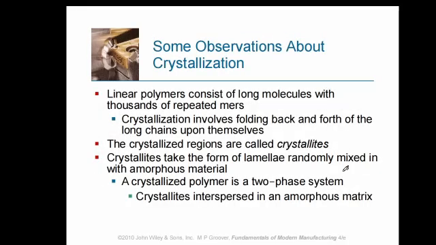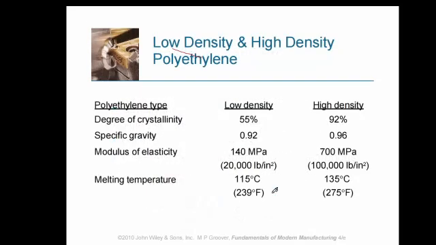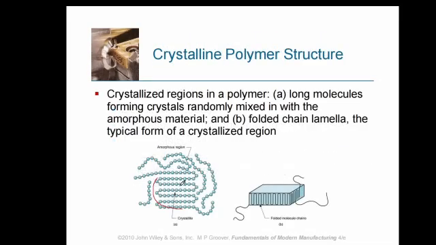Okay, and linear polymers consist of long molecules with thousands of repeated monomers, and crystallization involves folding these chains back and forth upon themselves, as was shown in this diagram. The chains are folded back and forth, and this causes crystallinity. The crystallized regions are called crystallites or crystallite. So this region is the crystallite.